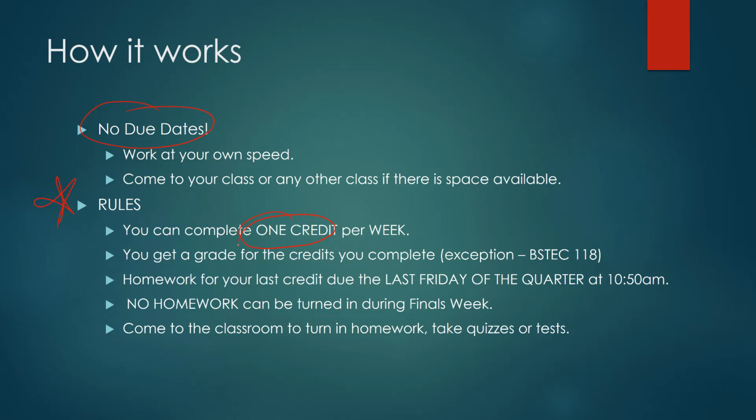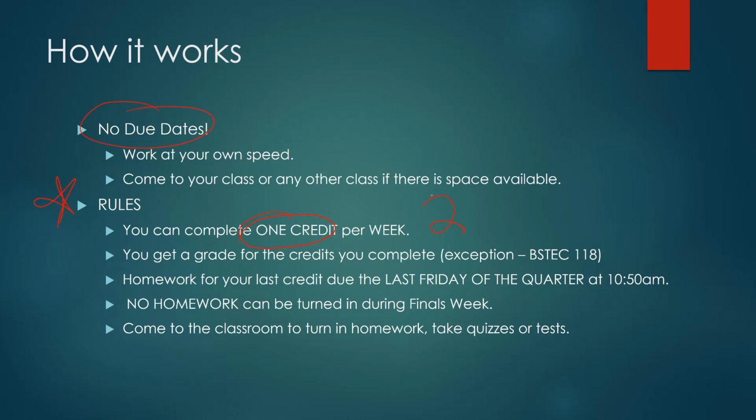You cannot complete 2 credits in 1 week. So if you wait until the end of the quarter, which is week 10, then you'll only be able to complete 1 credit because you're in the last week of the quarter and you can only complete 1 credit per week. I'll go over this again on the next slide.